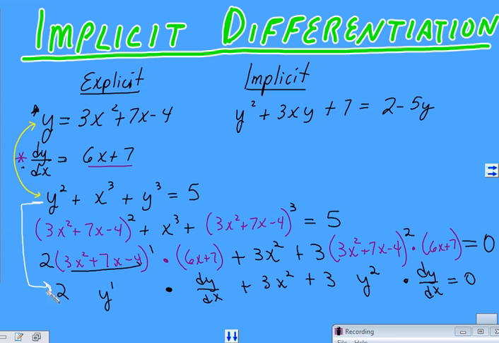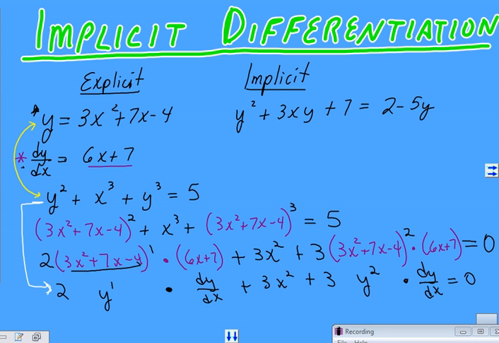How did I get that to happen? I want to skip those two steps in the middle. I want to figure out how can I get from step 1 to step 4 without having to do all that work in the middle. Because in reality, we really are pretending. We don't know that 3x squared plus 7x minus 4 is what y is equal to. So if you notice, how did I get from y squared to a 2y times dy over dx?